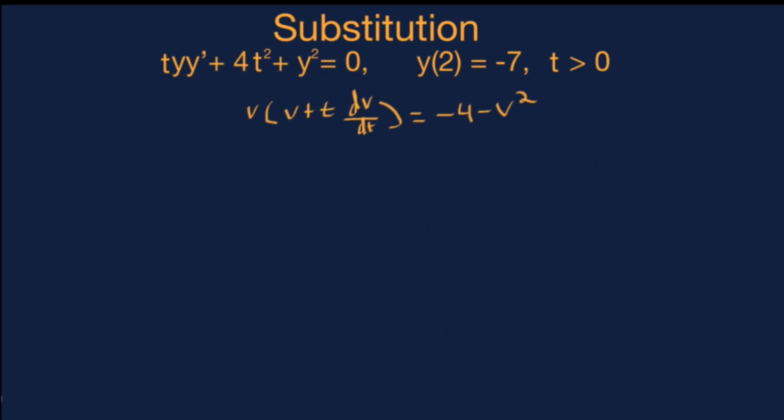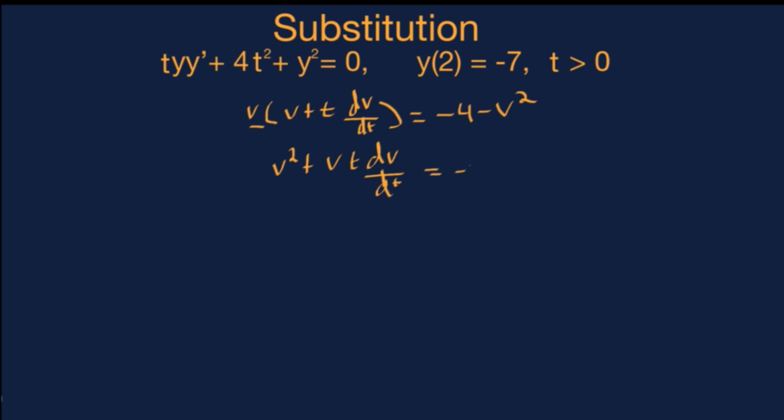So now that we have our equation in terms of v, we can start the separation process. So we can distribute this v on the left side, and we get v squared plus v times t times the derivative of v with respect to t.